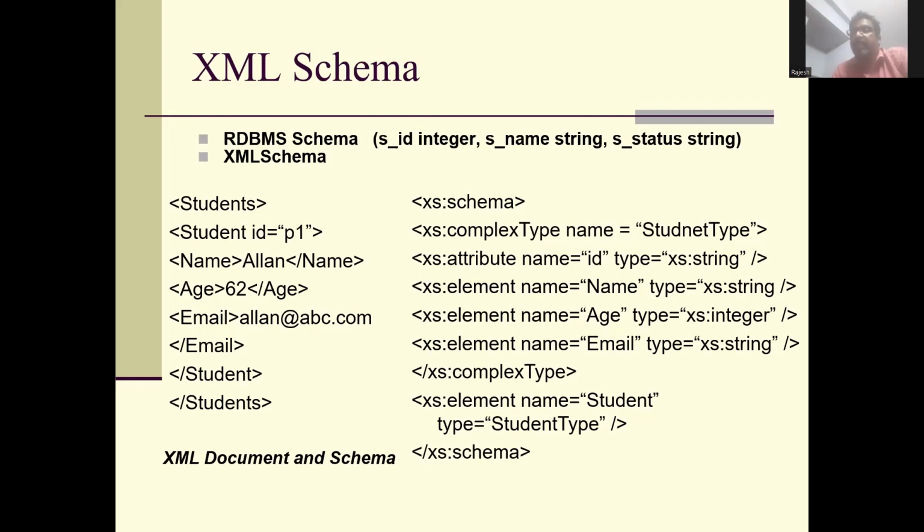Like that, the name element must contain the string data type, the age element should have the integer data type, and email should have the string data type. This is a complex type. We have two types, complex type and simple type. This particular one is a complex type.